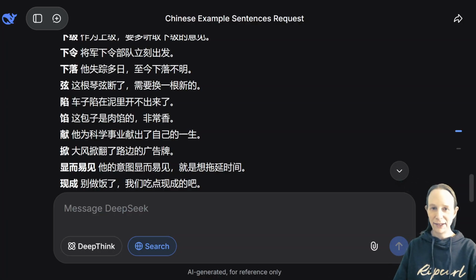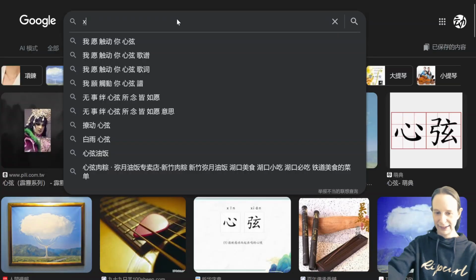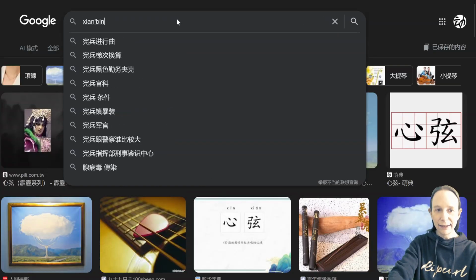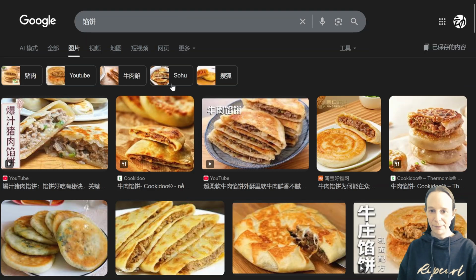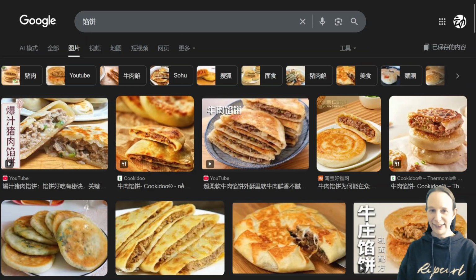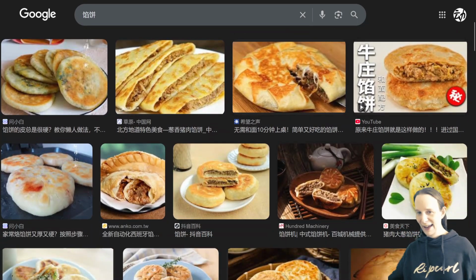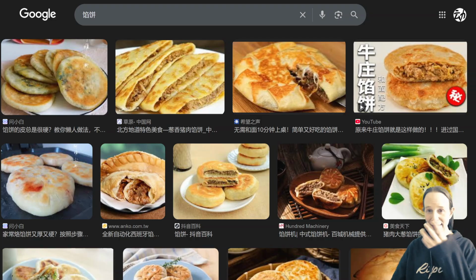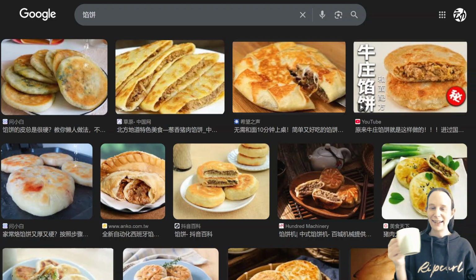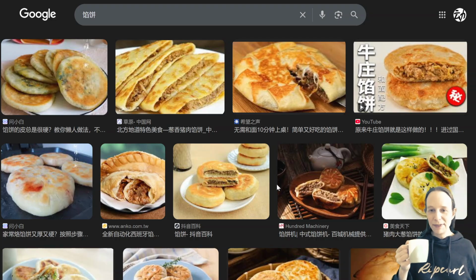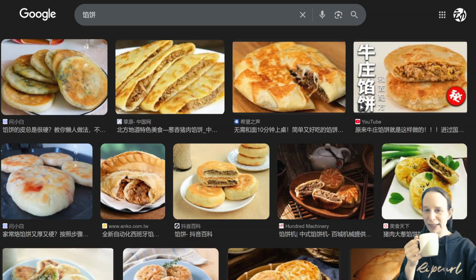So 馅饼. 馅饼 is how pie gets translated into Chinese. This is on the screen. You can buy this in China. There's different types of 馅饼. Usually it's meat or something in that ballpark.